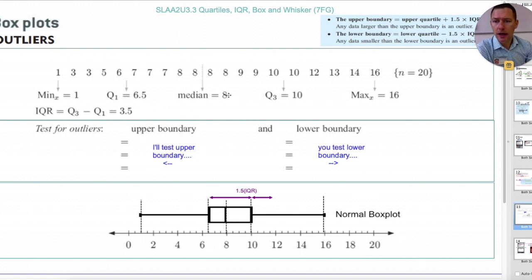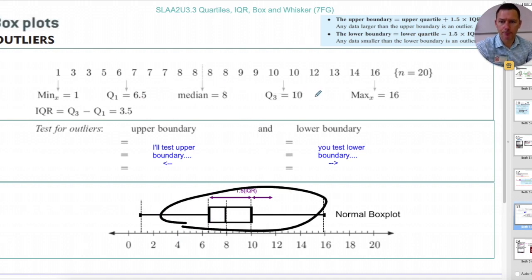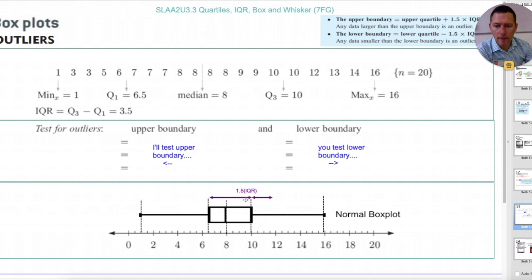Okay, so I know that the median is here at 8. I know that the Q3 is at 10, that's here, and the Q1 is 6.5. So this is a representation of this. Okay, 1.5 the IQR. The IQR is from 6 to 10, so that's 4. Right, that's 4 units, and 1.5 the IQR is 6 units long.